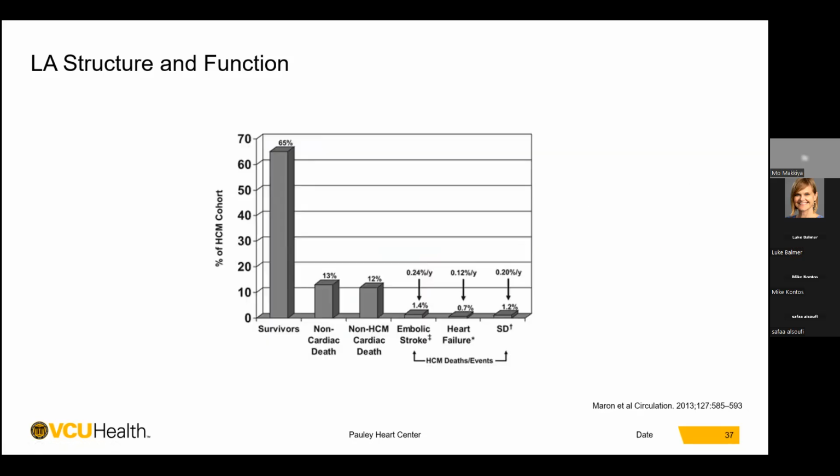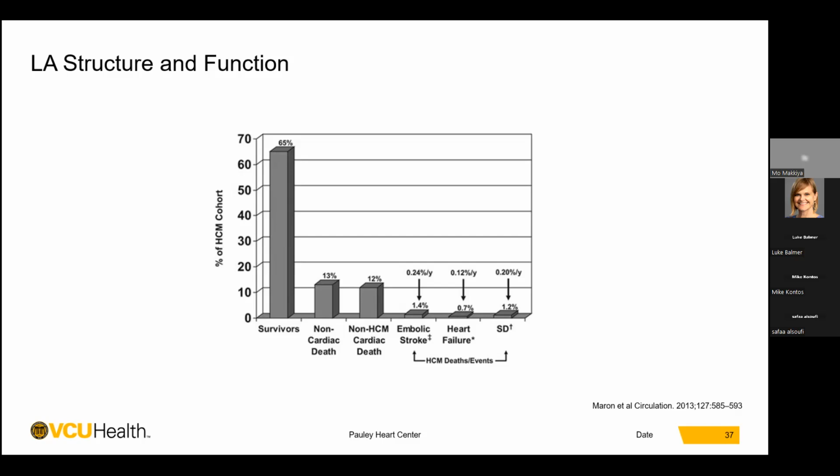Here's a cohort of about 500 patients where the clinical outcome of hypertrophic cardiomyopathy for patients first evaluated at more than 60 years of age was followed over the span of a year. Sudden cardiac death is not the major driver for mortality in elderly patients.